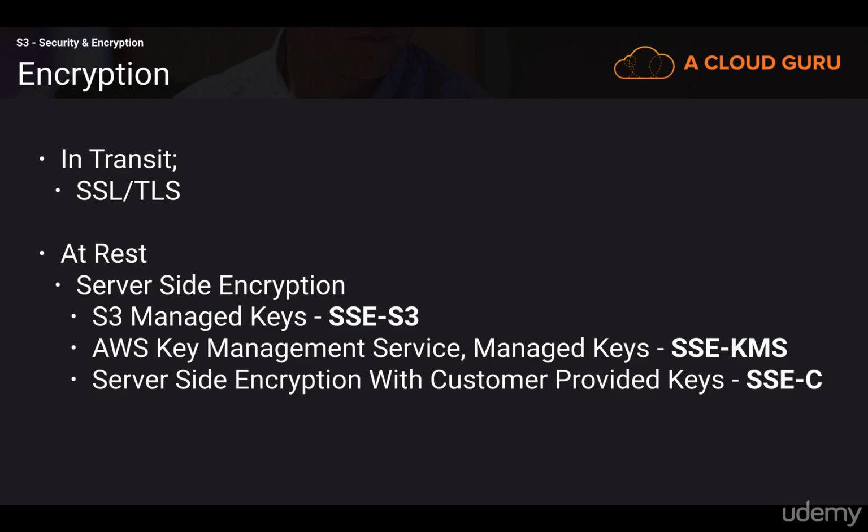Those are the 3 server-side encryptions, and you really just need to remember server-side encryption S3, server-side encryption KMS, and server-side encryption C. And then finally you have client-side encryption, which is effectively where you encrypt the data on your client side and then upload it to S3.